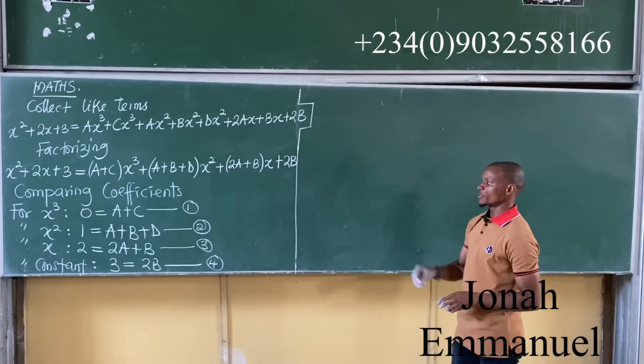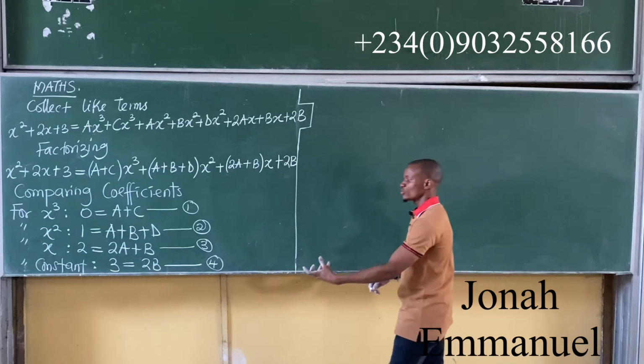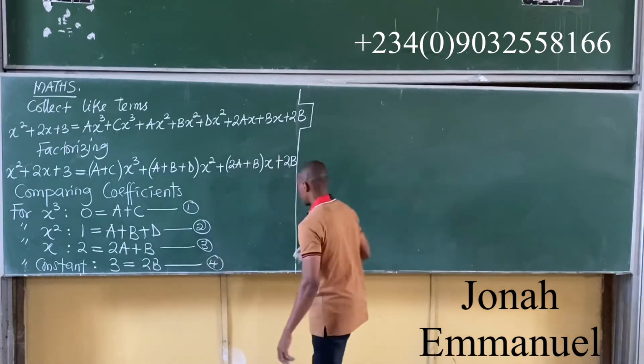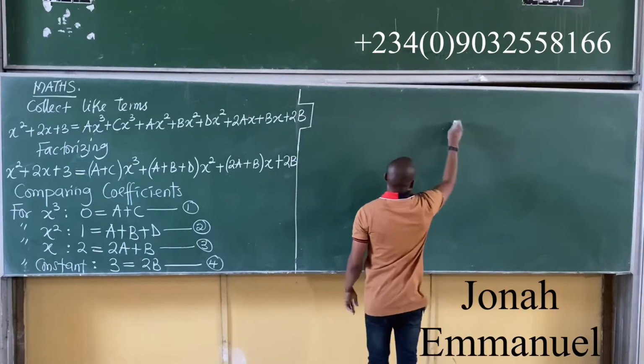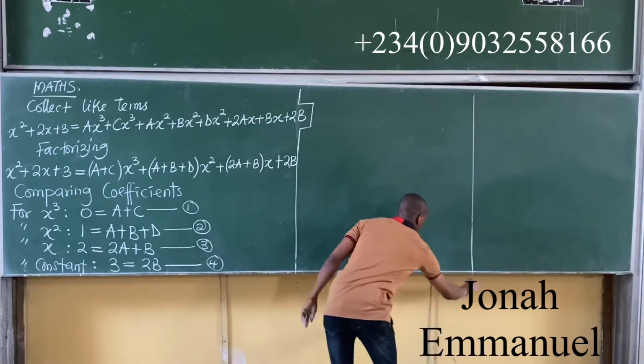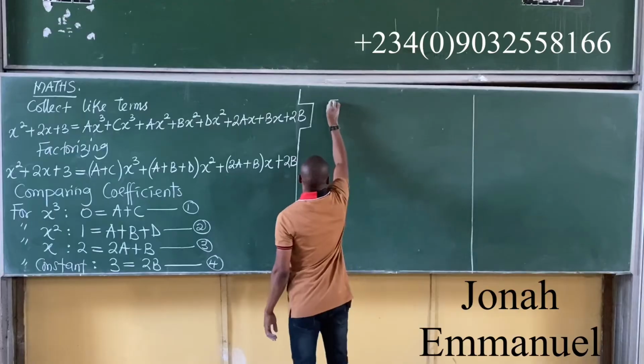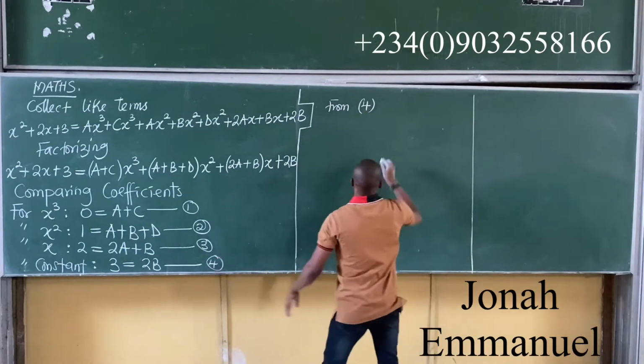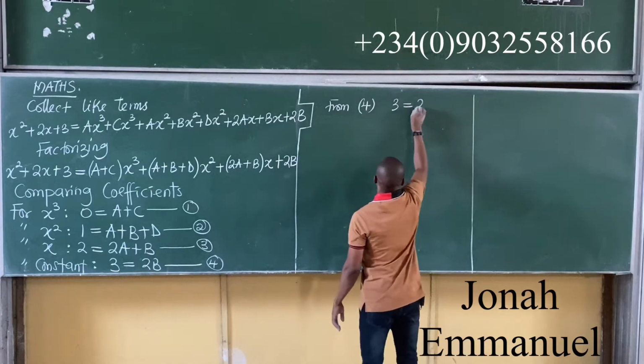From equations 1, 2, 3, 4, the easiest to solve is equation 4. From this I can easily get b. From equation 4, we said 3 is equal to 2b.